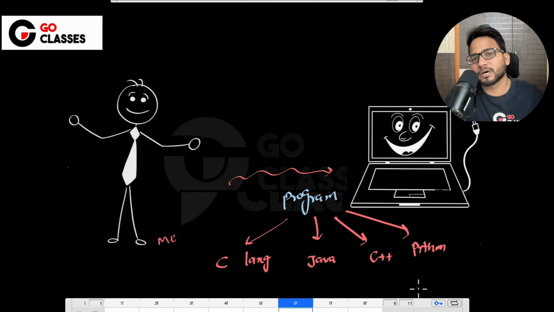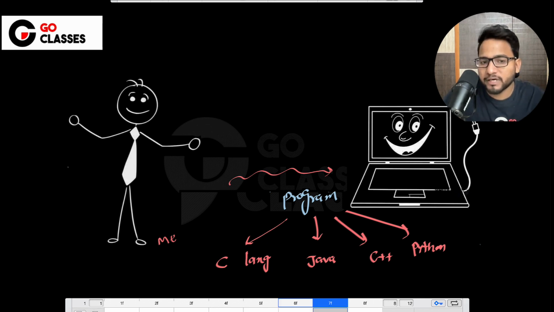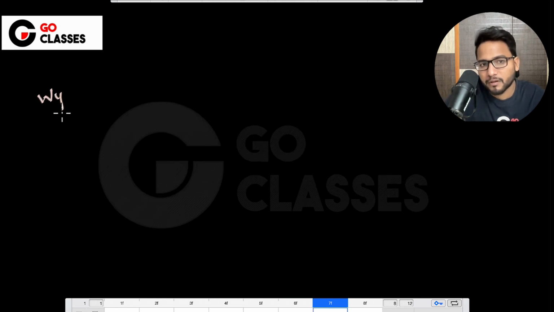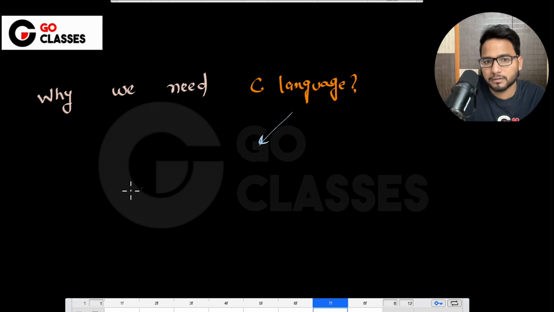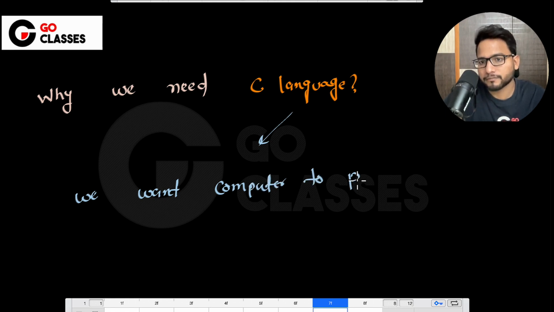So now you have to understand why we need C language. What is the answer to why we need C language? The answer is that we want the computer to perform some tasks.